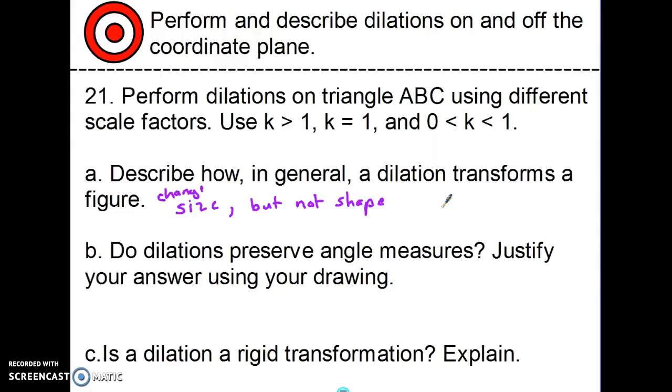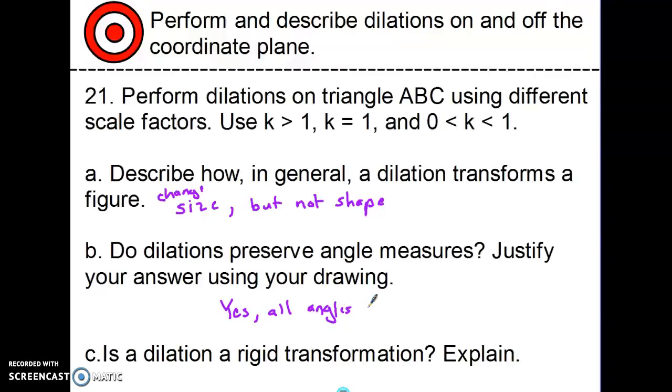Okay, so all the figures we've done, if it was a certain kind of triangle before it started, it was that same kind of triangle after. It was just changing the size of it. So as you look back at all of our dilations, this term preserve angle measures means to keep them the same. You'll notice that, yes, all the angles are congruent.